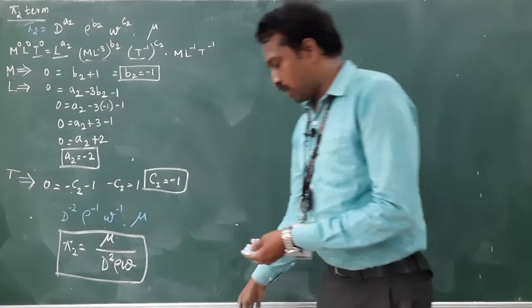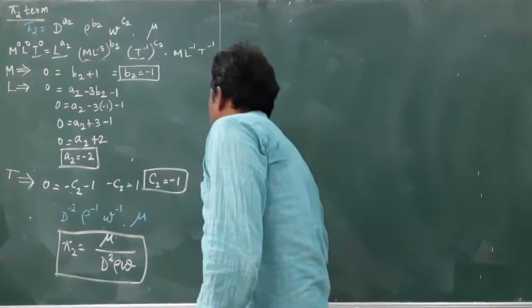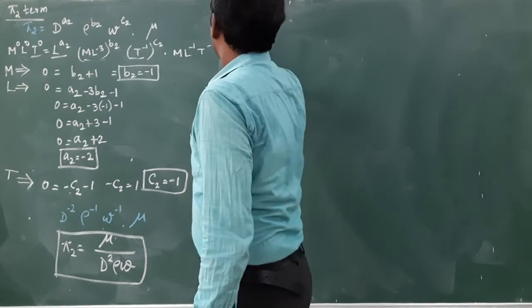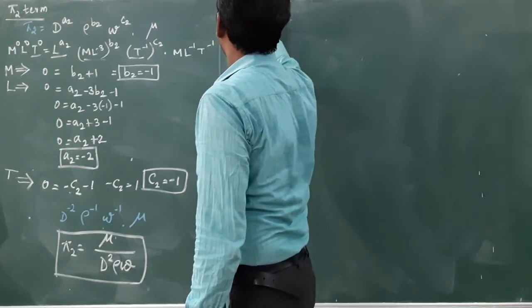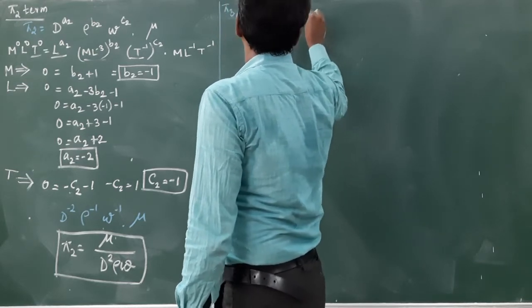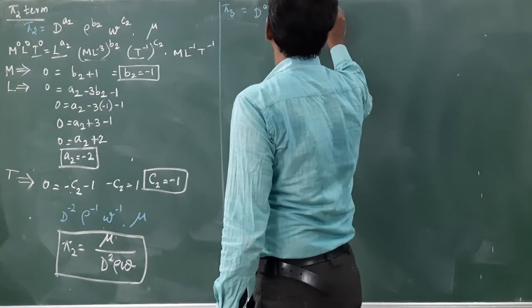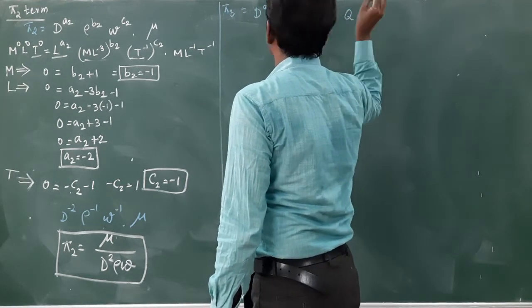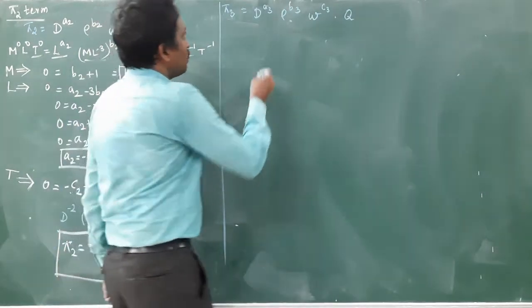Pi 3 term is pi 3 equal to d power a3, rho power b3, omega power C3 into Q. Okay, apply the dimensional formula.